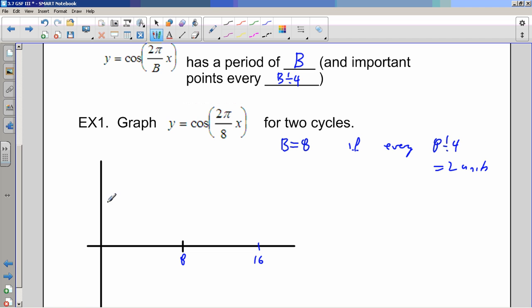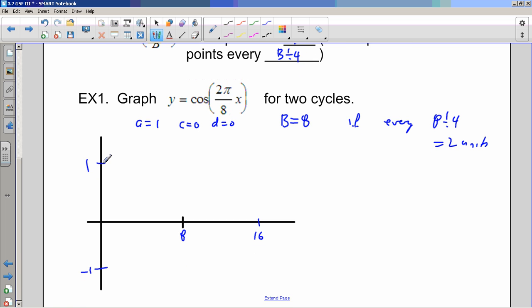It's a cos graph. No amplitude change or phase shift or vertical displacement. Those things are all normal. So what is this going to look like? It's still going to go between 1 and -1, but it's going to repeat every 8 units, right?